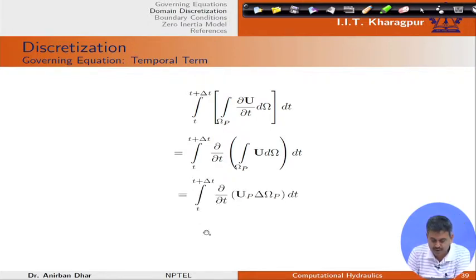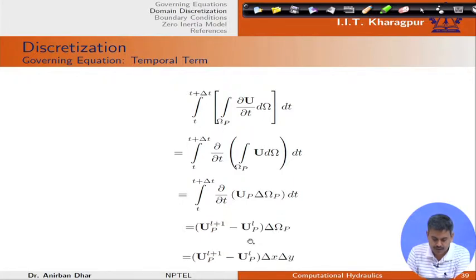So, for the central cell, which is the Pth cell, we can write this, U_P^(L+1) minus U_P^L, and L represents our time level in this case.